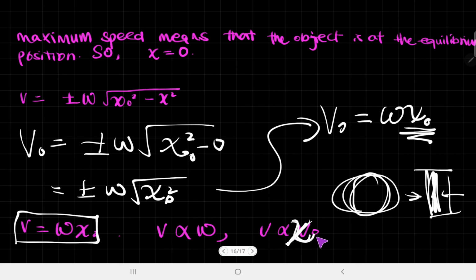V is also proportional to maximum displacement. So let's say instead of this small oscillation, there's a bigger oscillation. The velocity at the very central point, the maximum velocity, is going to be much higher than the one here. Why? Because it's accelerating up till the point that it reaches its middle point, and then it starts to decelerate, right? That's how simple harmonic motion works. It accelerates when it's moving towards the middle point, and then it starts decelerating.